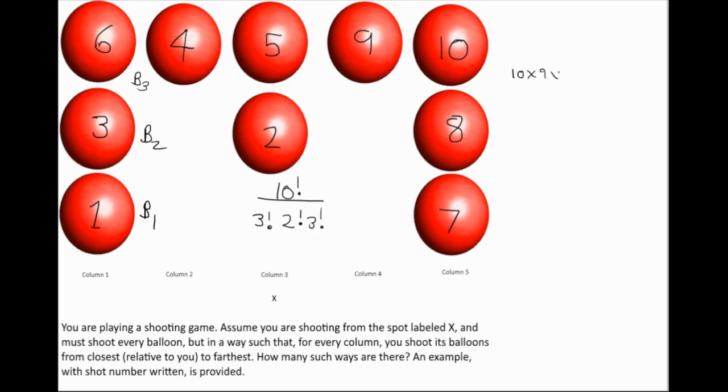10 times 9 times 8 times 7 times 6 times 5 and then times 4. Now we've cancelled out some 3 factorial. So this is what we have in the denominator. 3 factorial equals 6, so cancel that out. 2 will cancel with 4 to make that 2. This 5 times 2 is 10. What's 10 times 9? That's 90.